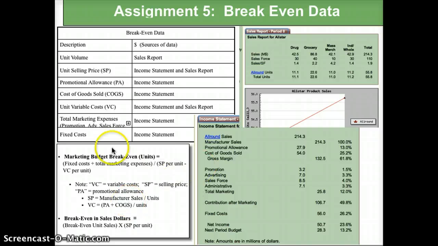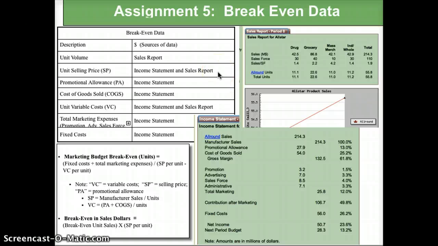I've simply reproduced what was on the exercise 5 PDF. I have also given you screenshots of the reports from MarketShare that contain the information that you can either use directly to calculate break-even or that you will use in calculating variables for break-even.